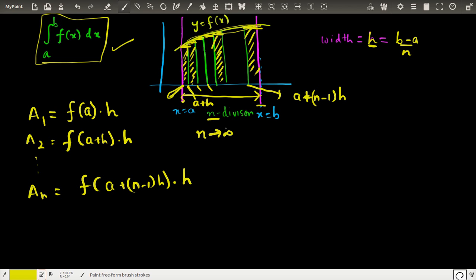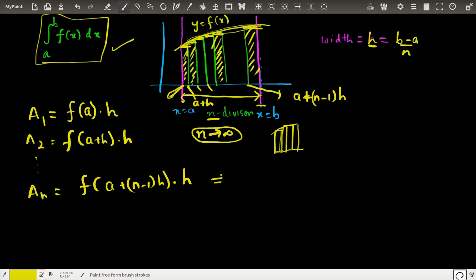Each division becomes very small, so the error would also minimize. For example, if you had only two divisions, the error was huge. But if you divide this into three parts, then the errors would decrease. And if you make n tend towards infinity, then you are left with no errors.